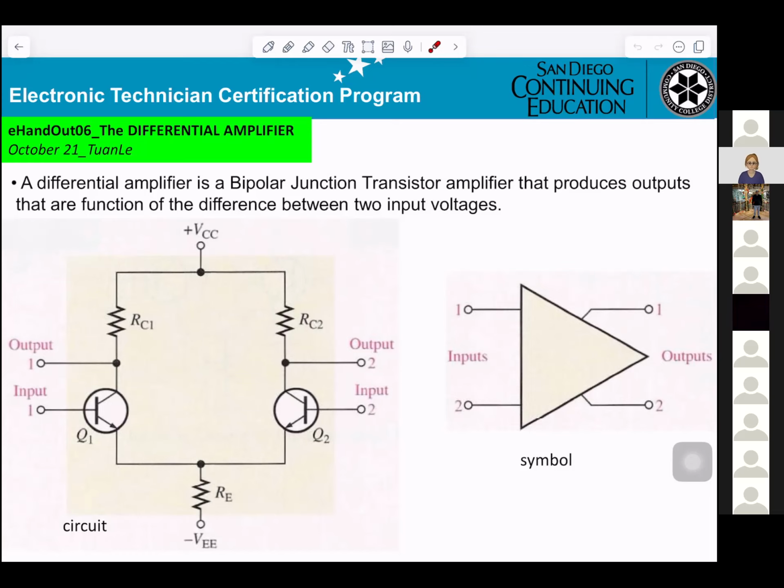When the amplifier has two inputs and two outputs, that's what they call a differential amplifier.